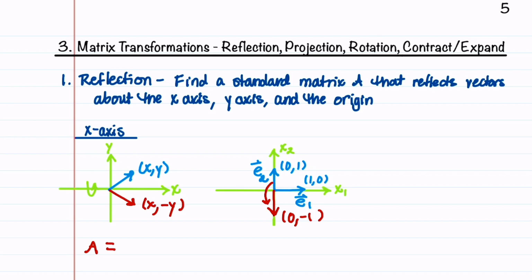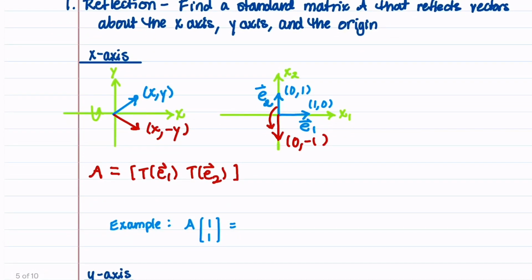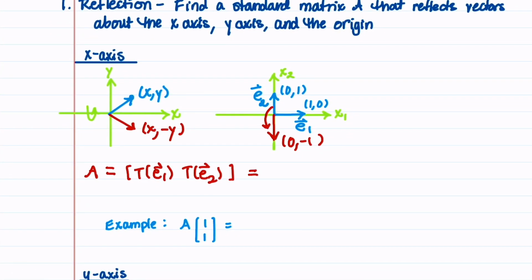A is equal to [T(e1) T(e2)], and these transformations form the columns of matrix A. T(e1) was the same as e1, so that's [1, 0], and T(e2) became [0, -1]. We have to make sure to write these vectors as columns. So this matrix will reflect a vector about the x-axis.